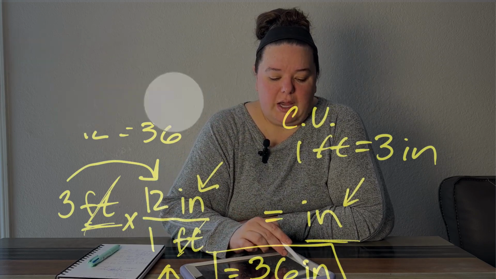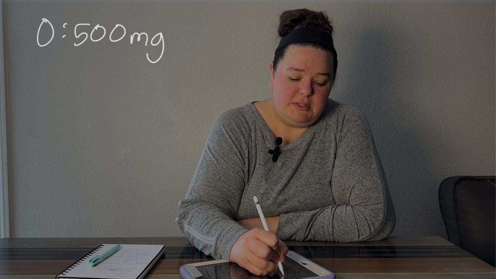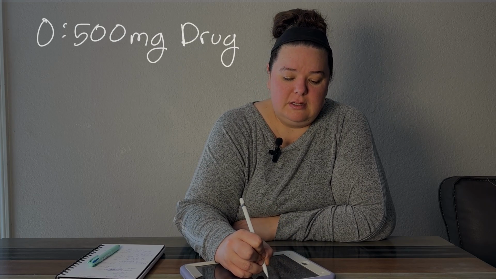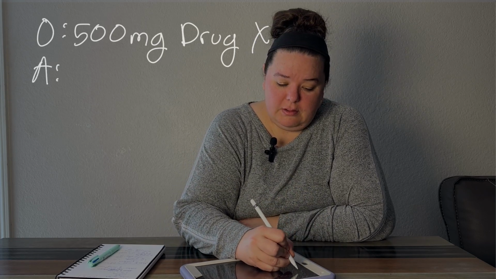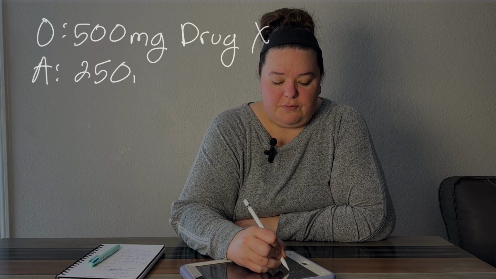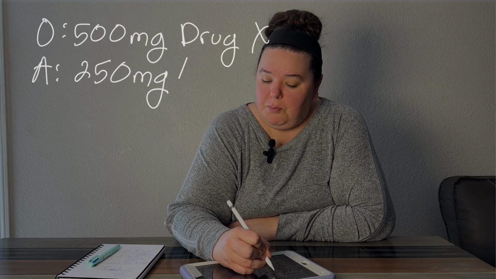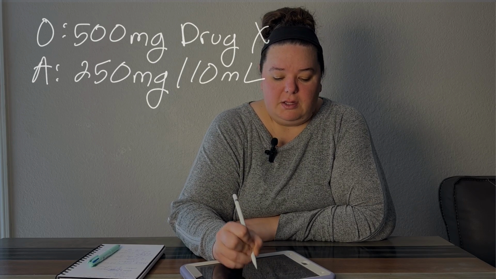Let's go ahead and try one using actual medicine. So we have a problem. Our order is going to be 500 milligrams of drug X. Our available is 250 milligrams per 10 mLs.